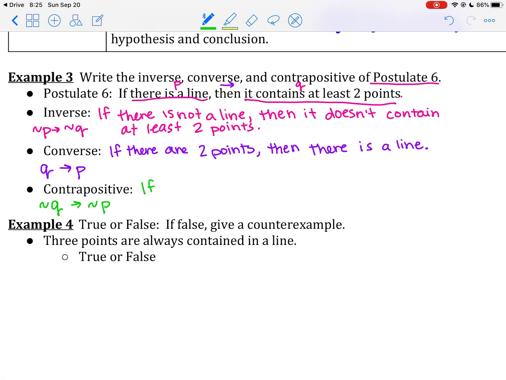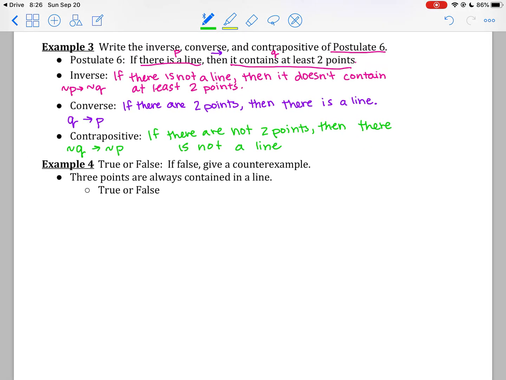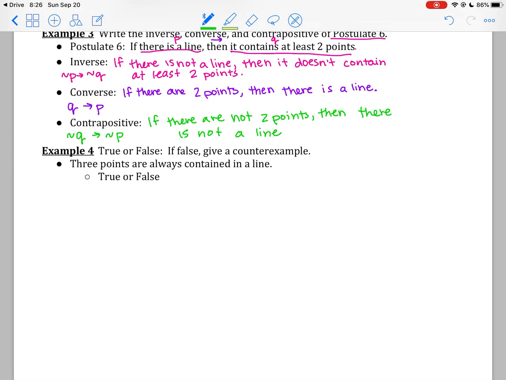So if there are not 2 points, then, and I'm going to switch the meaning of that first part, then there is not a line. All right, so those statements are not always necessarily true. We'll look at truth values later, but just as statements, that's how you write those.